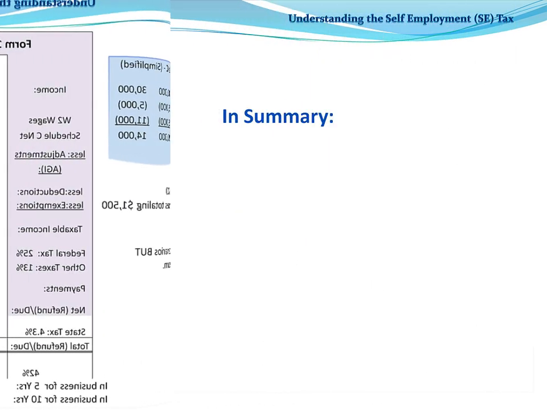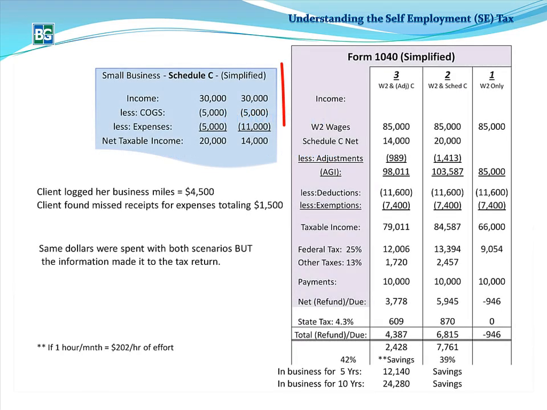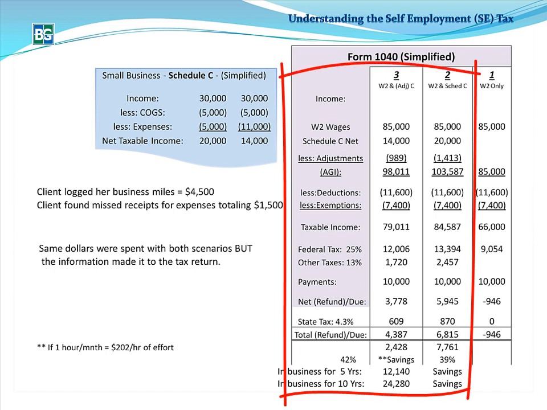In summary, the phrase after-tax cost should have a clearer meaning. In scenario 2 and 3, any ordinary and necessary expenses that could be used for the development of the business could save in the range of 42% in taxes, making the net cost of the items purchased about 58% of the actual cost.